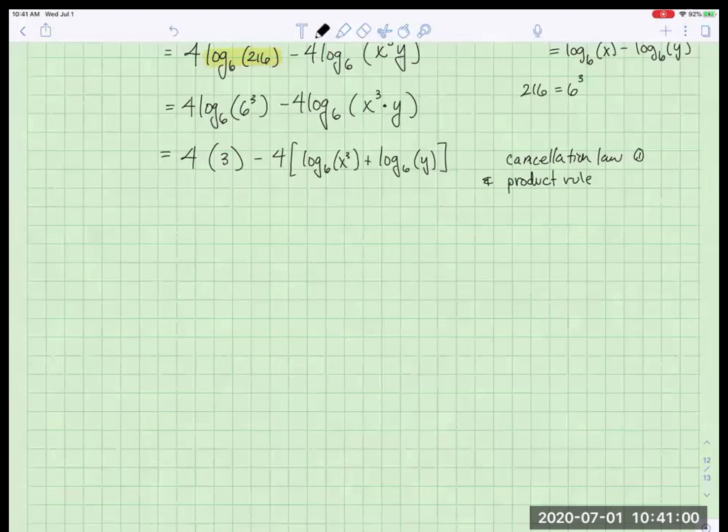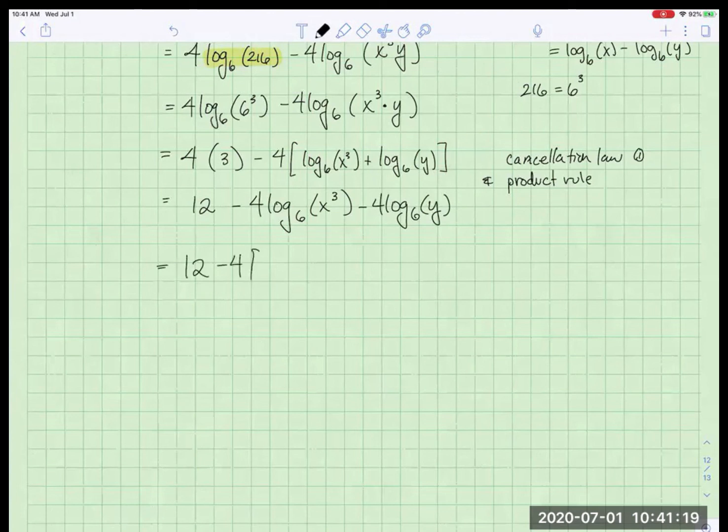And then if we do a little bit of distribution, this is 12 minus 4 log base 6 of x cubed minus 4 log base 6 of y. And then finally, I can use the power rule one more time. This is 12 minus 4 times 3 log base 6 of x minus 4 log base 6 of y, where I'm using the power rule again on this expression to rewrite as this expression.